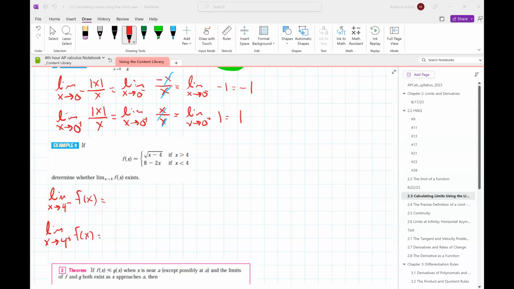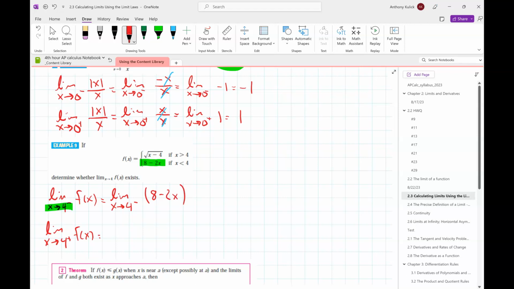Everybody okay? So far, so good? So if I'm looking at the left-hand limit, I'm looking at this, right? That's what f of x is. I'm looking at an x less than 4. So I'll make that substitution.